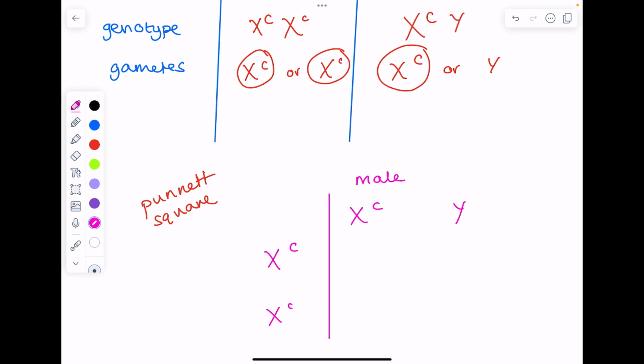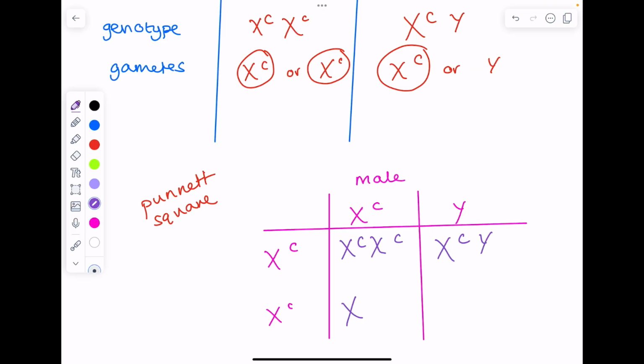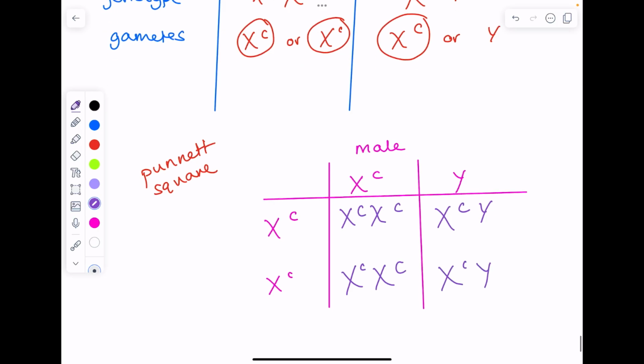So now we're ready to list our possible outcomes for these offspring. Okay, so we're going to have a female here with normal vision. Here's a male with normal vision because they have that uppercase C.